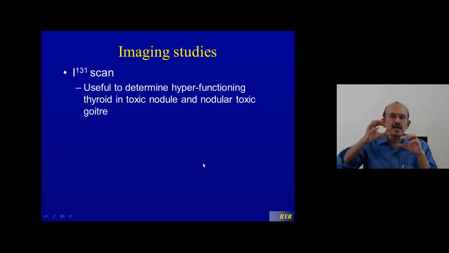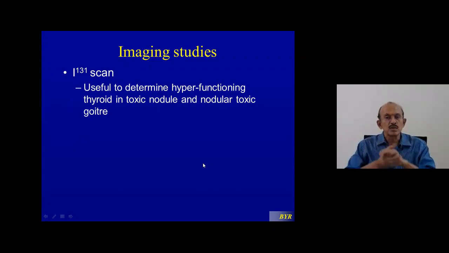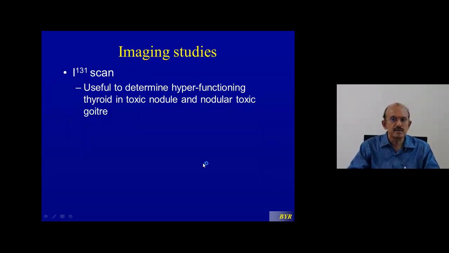If one particular area is taking more I-131, that means it's taking more iodine, so it is a hyperfunctional nodule. If some area is not at all taking the iodine, that means it is a hypofunctional nodule. So you can evaluate the functional ability of the thyroid nodules. That is the use of doing I-131 scanning.